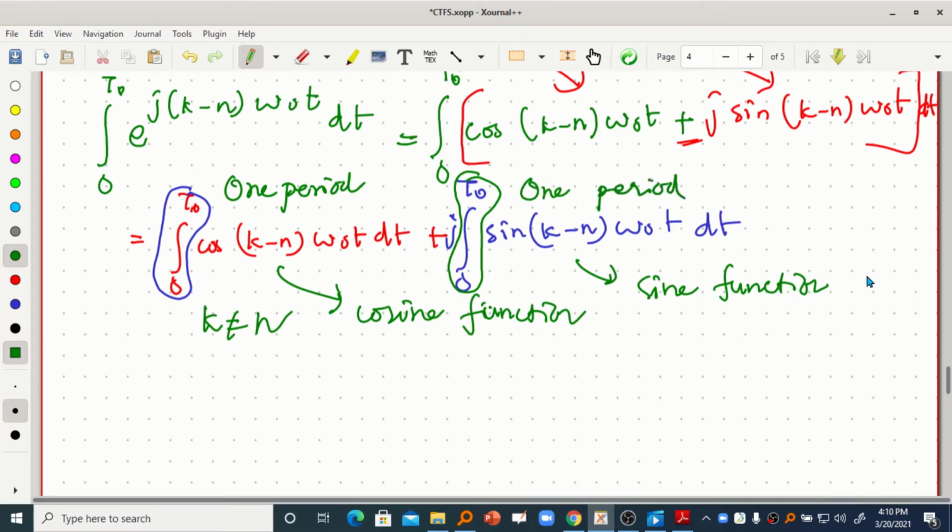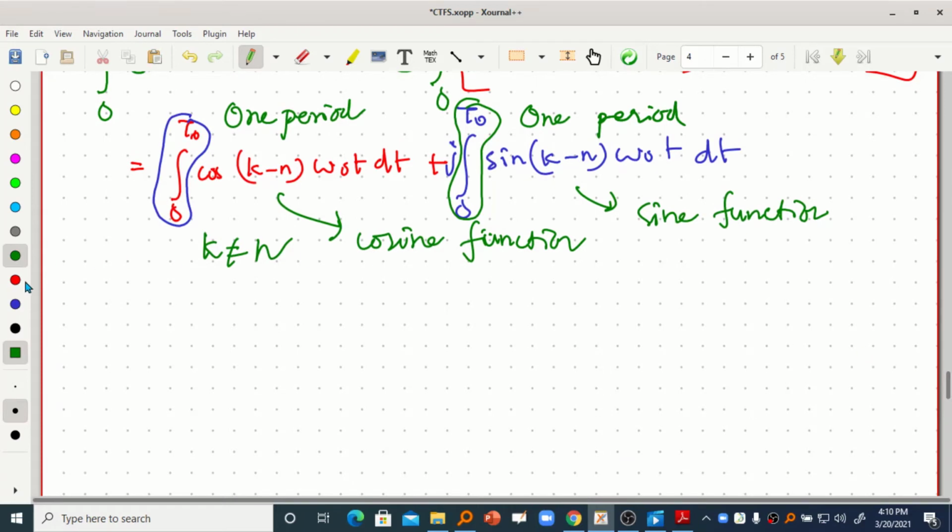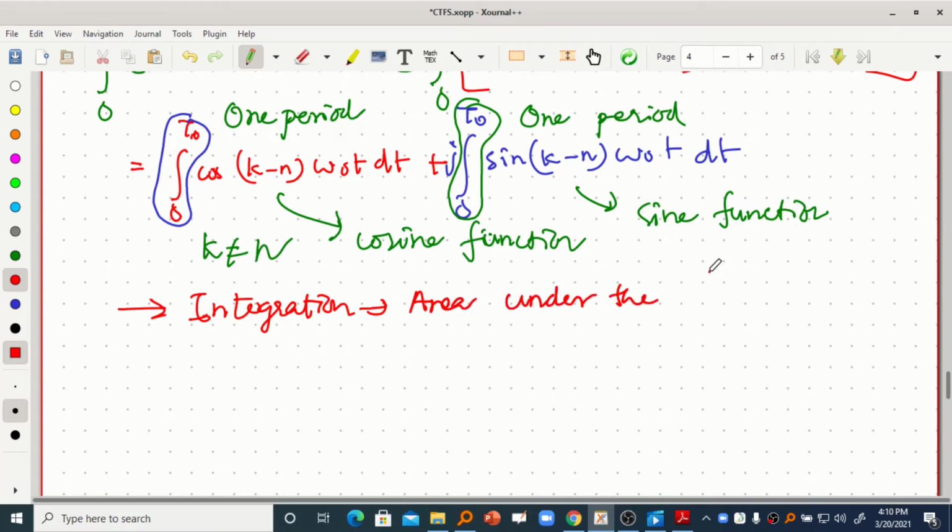Okay, so we have already discussed that integration is nothing but the area under the function, the area under the curve, right? So in that case, if you find the area under the sine wave and cosine wave for a period, its value will be 0.